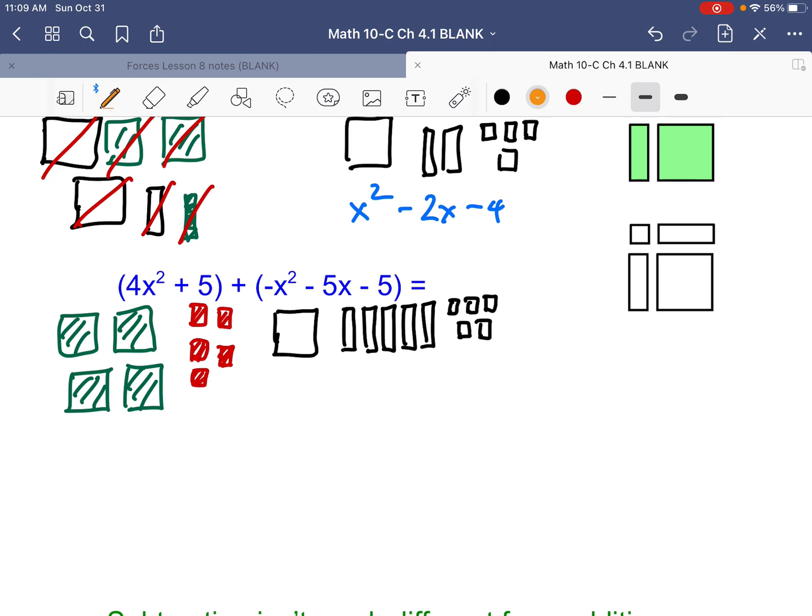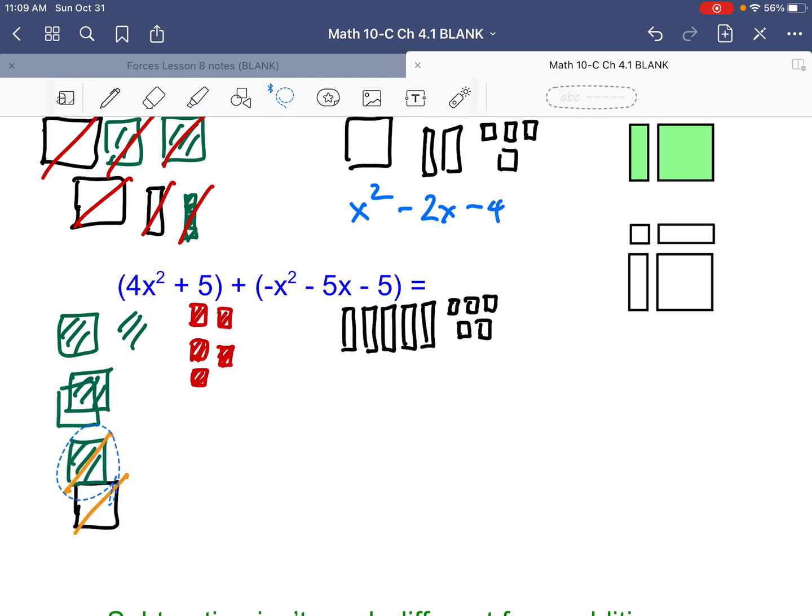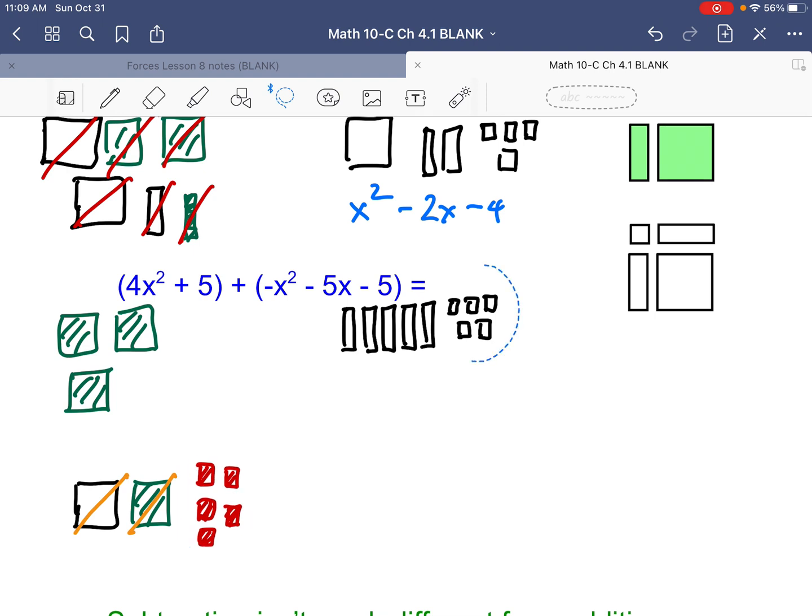Now, pointing out here, x squared and minus x squared cancel out. I'm going to move those out of the way. There we go. So those cancel out. My plus 5 and my minus 5 cancel out.